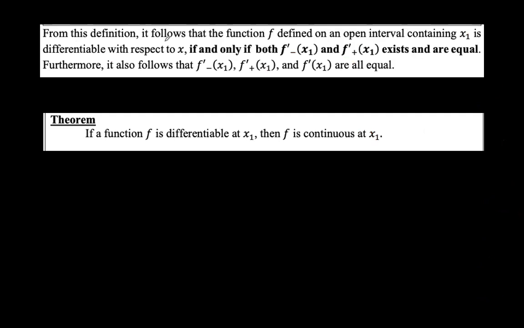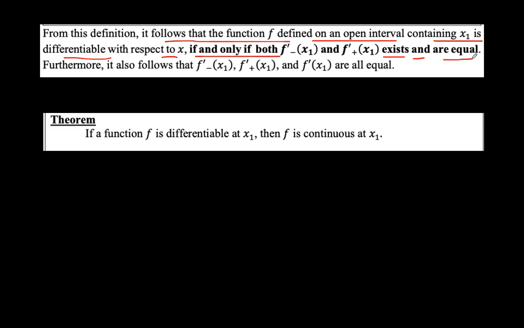So here, from this definition, it follows that a function f defined in an open interval containing x sub 1 is differentiable with respect to x if and only if, as I said a while ago, the derivative from the left and the derivative from the right at a given number x sub 1 exist and are equal.